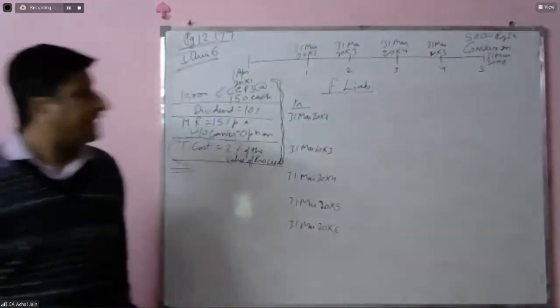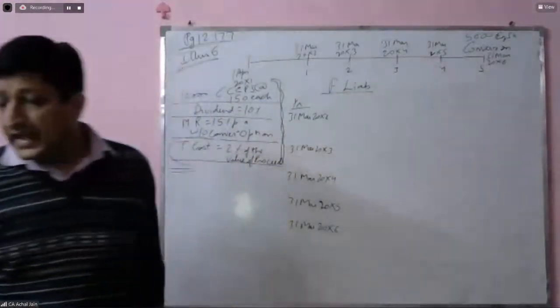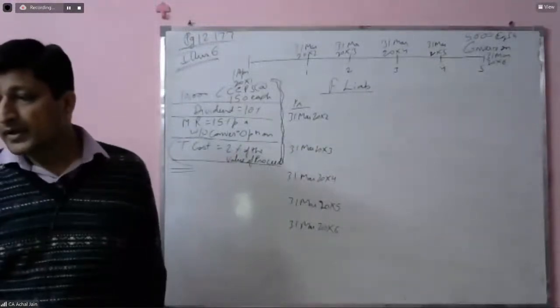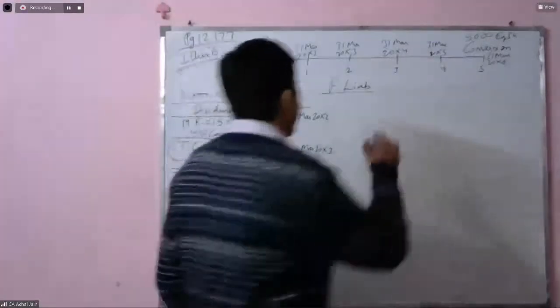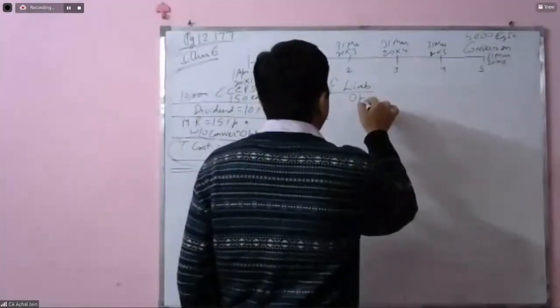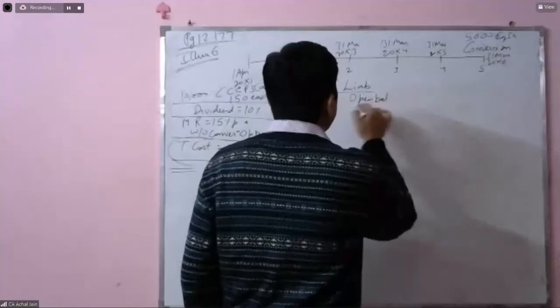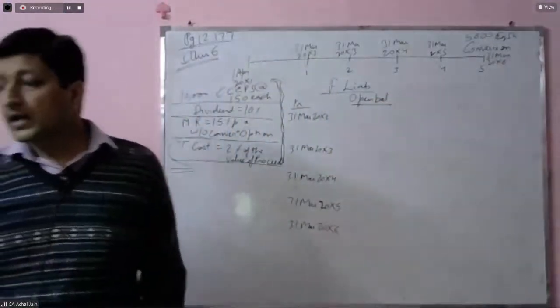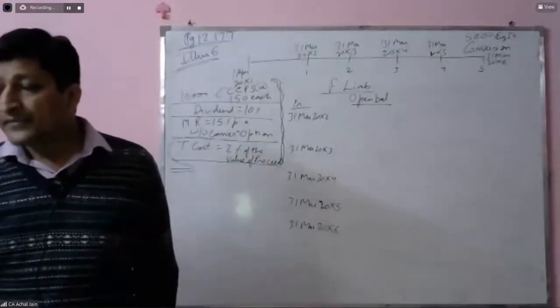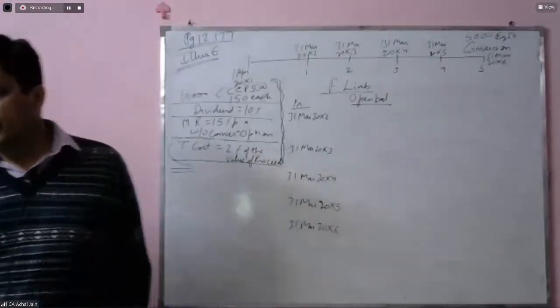And we will begin with the liability amount. So what's the liability amount? Opening balance. Now, if you remember, we computed our amount as 5,02,823.